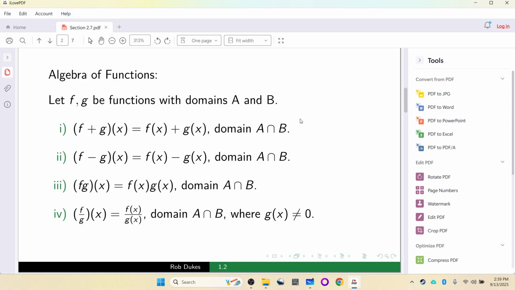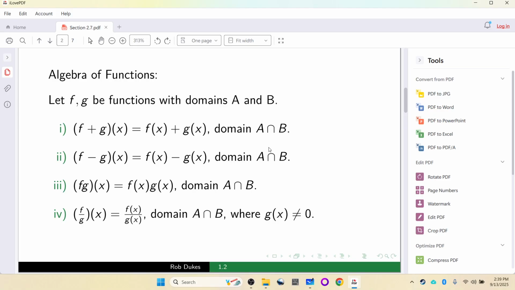Now, there's a few ways you can answer that question. But the simplest one would be called pointwise, which is to say, if we want to know what is f plus g of x, we say, well, let's go to x, let's plug in x to f, plug in x to g, and add them together. Same with subtraction, same with multiplication.